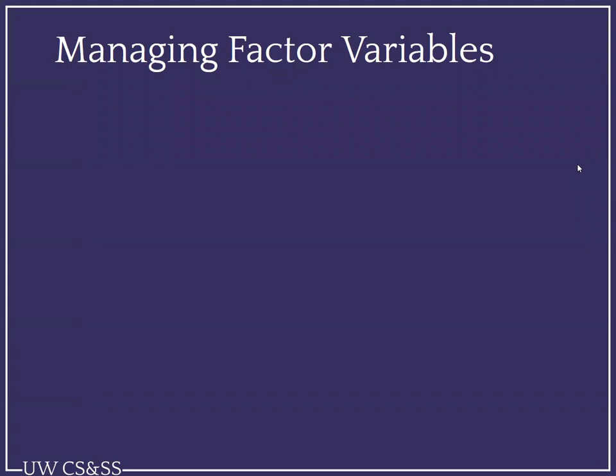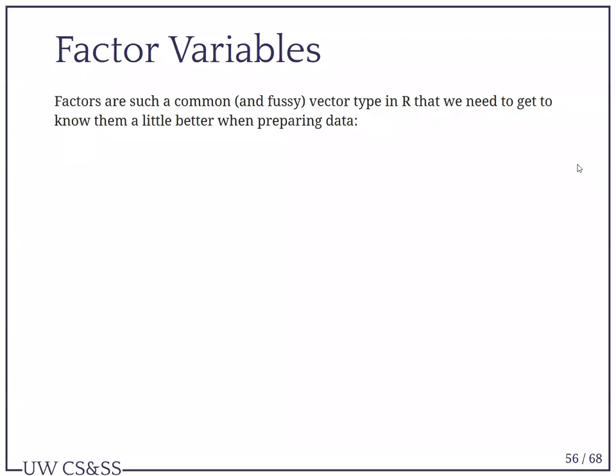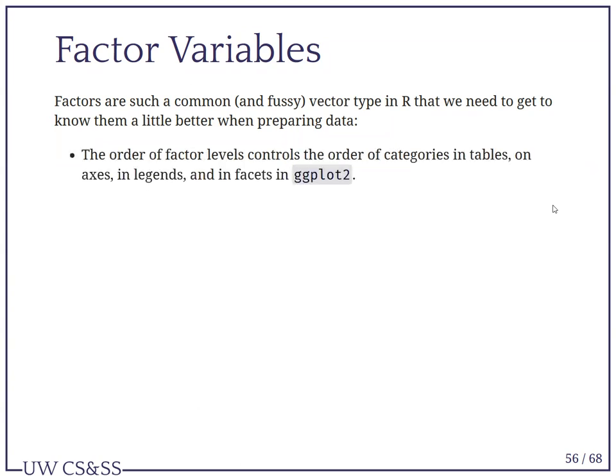Let's talk about managing factor variables. Factors are such a common and fussy vector type in R that we need to get to know them a little bit better when preparing data. The order of factor levels controls the order of categories in tables, on axes, in legends, and in facets in ggplot2.